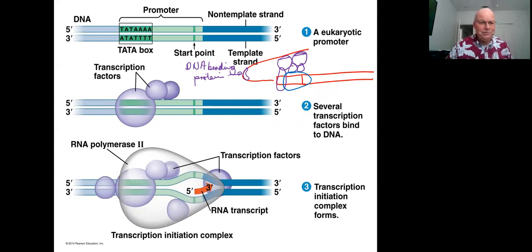So it's the combinations of transcription factors that determine which genes get activated and allow the RNA polymerase to bind to begin the process of transcription. So initiation is far more complicated in eukaryotic organisms as a consequence of this.